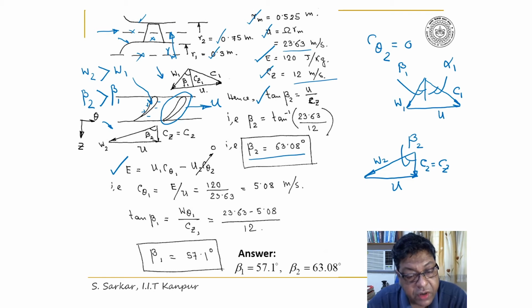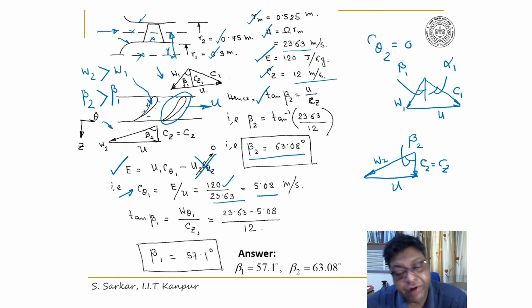Now let me go to the Euler work E. E is equal to U1 C theta 1 minus U2 C theta 2 here for a turbine. And so this part will be 0 because C theta 2 is equal to 0. So from Euler work, I can get C theta 1 is equal to E by U, E 120, and U is 23.63. So I'll get C theta 1 as 5.08 meter per second.